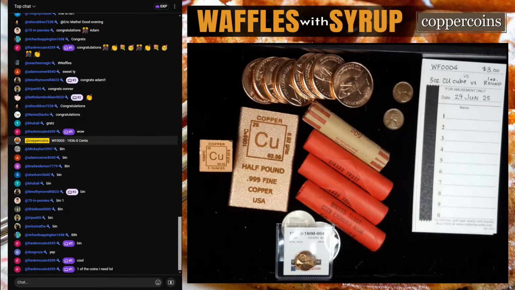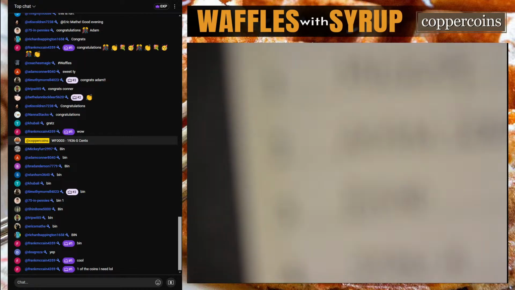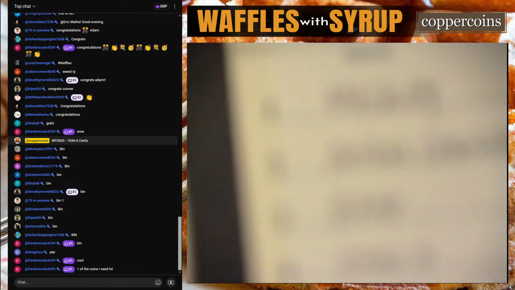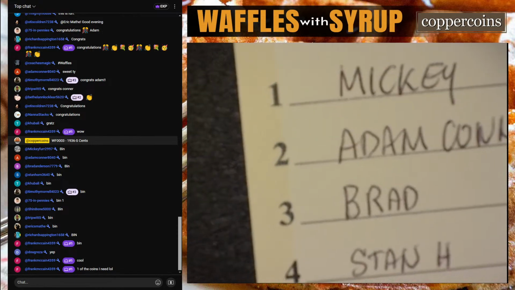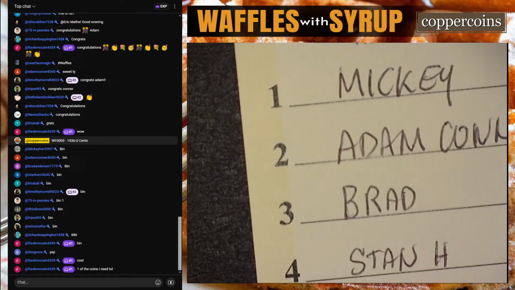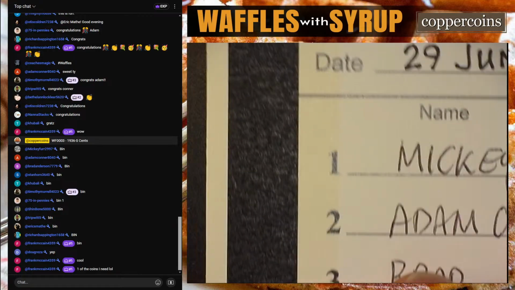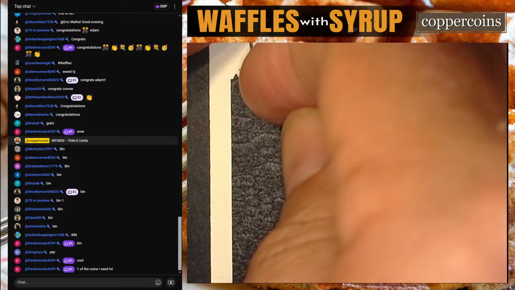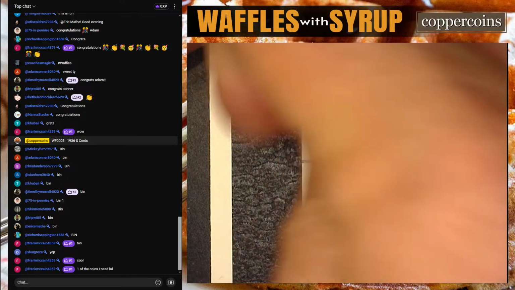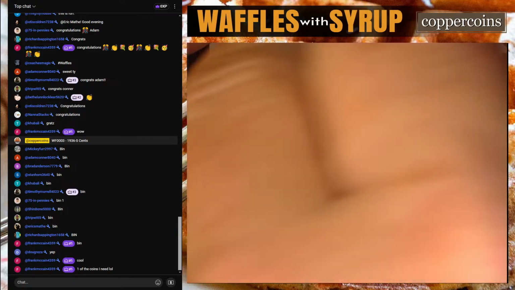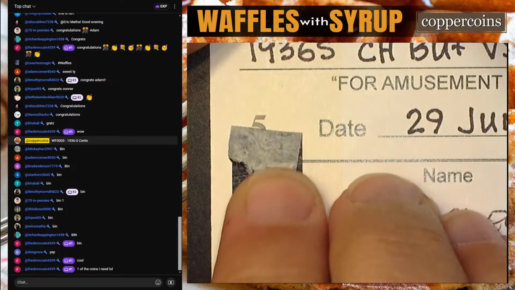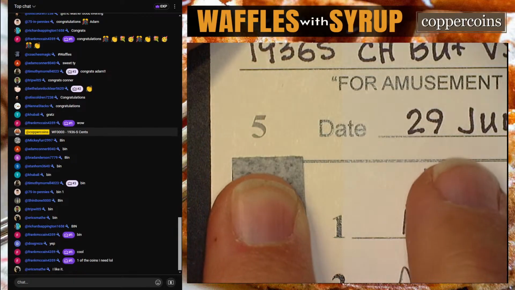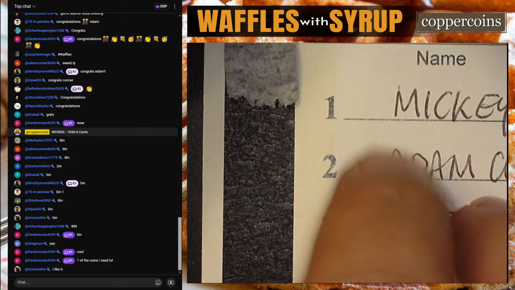All right, let's pull a card, see what we've got. Get this refocused. There we go. The number I am seeking on the far left column is number 5. Number 5 is what I'm looking for.